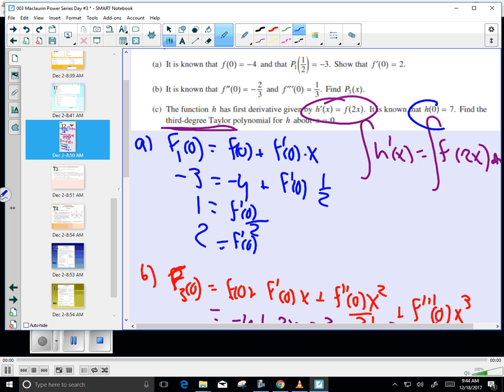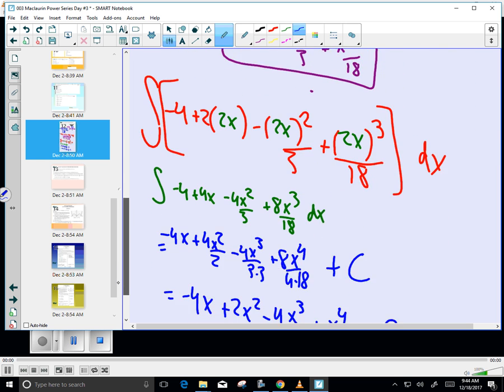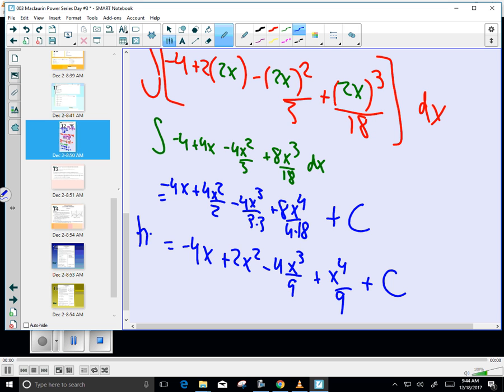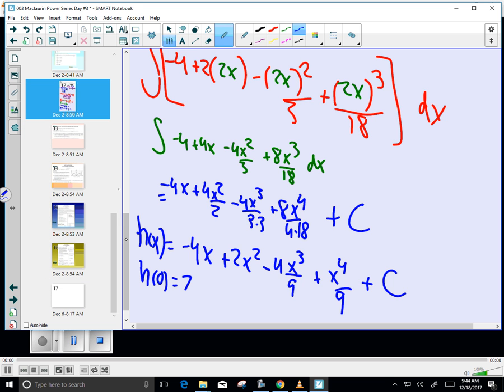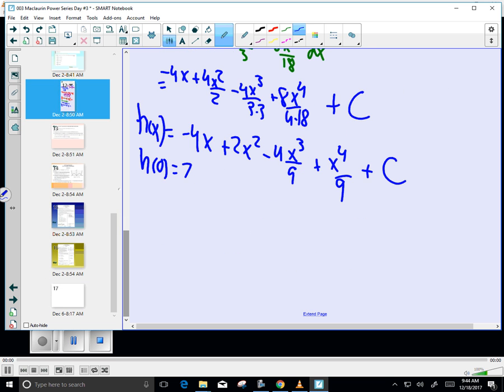They're saying h of 0 is what? 7. Okay, so this is h of x. So h of 0 equals 7. 7 is equal to negative 4 times 0 plus 2 times 0 squared minus 4/9 0 cubed plus 0.